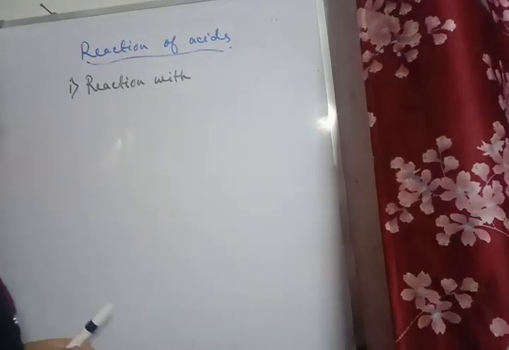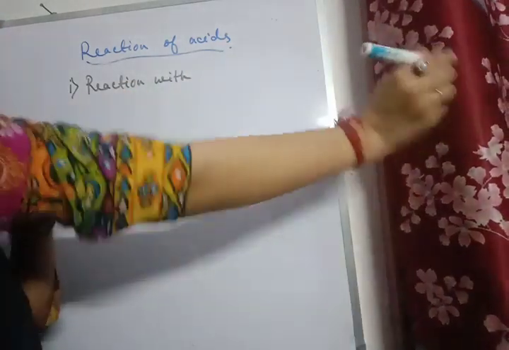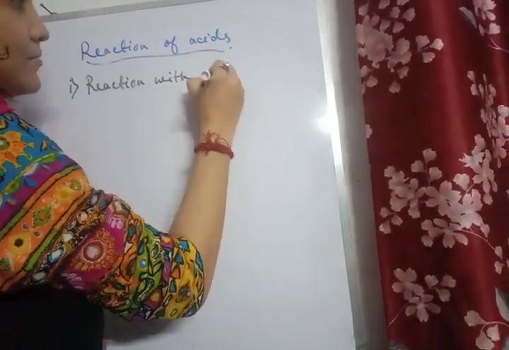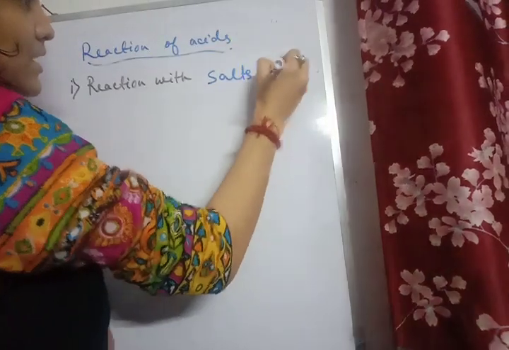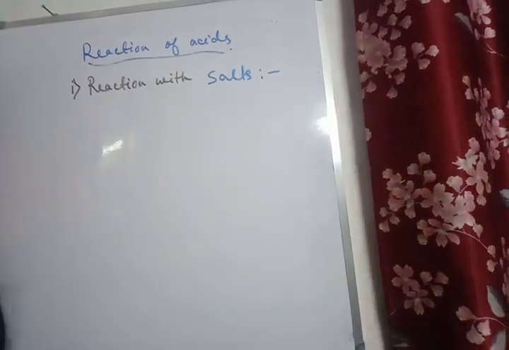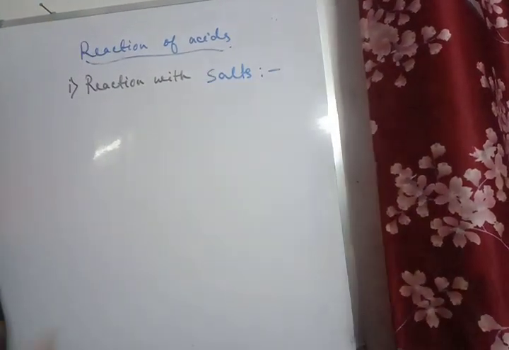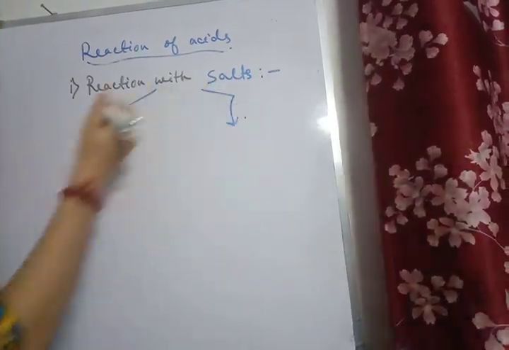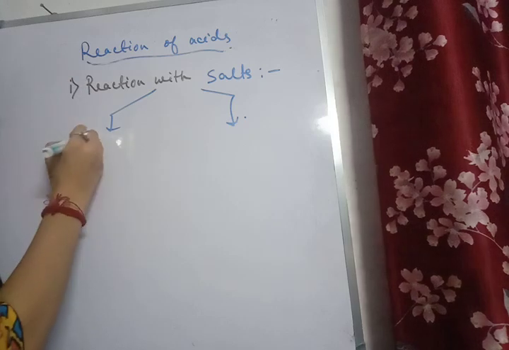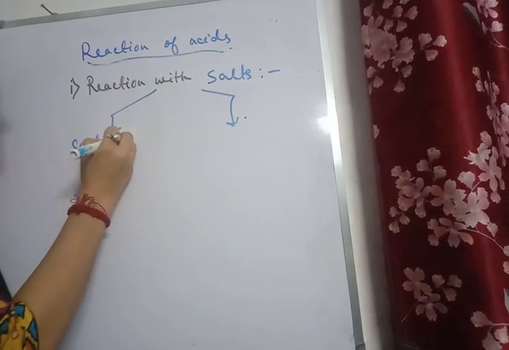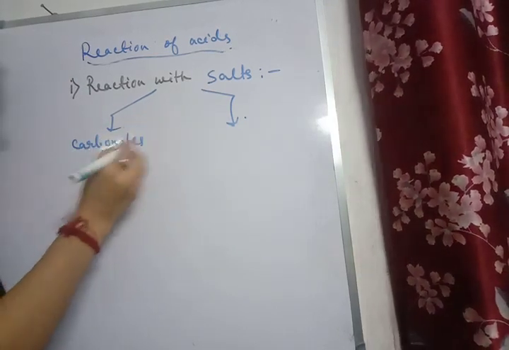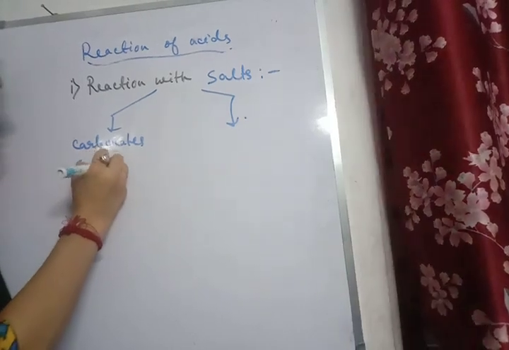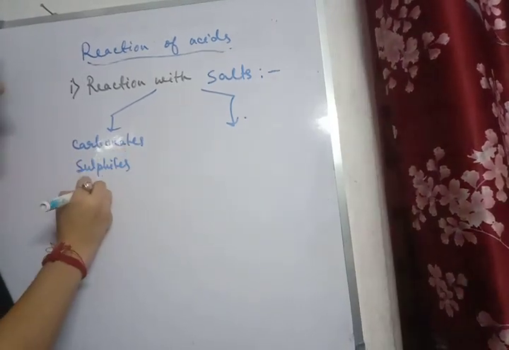So next reaction under this: reaction with salts. Reaction with salts means reaction of dilute acids with salt. Now under this we are going to have two categories. First three are carbonates or bicarbonates, sulfites or bisulfites, and then sulfides.